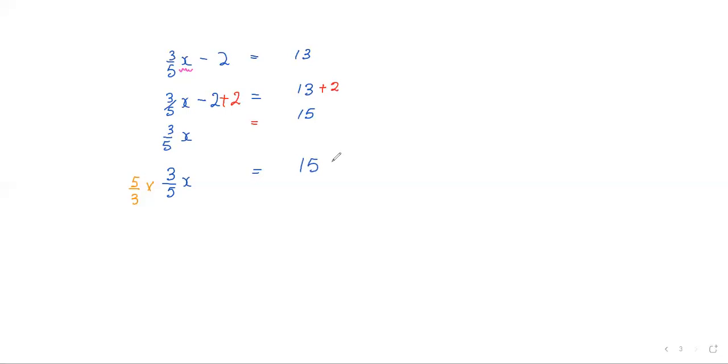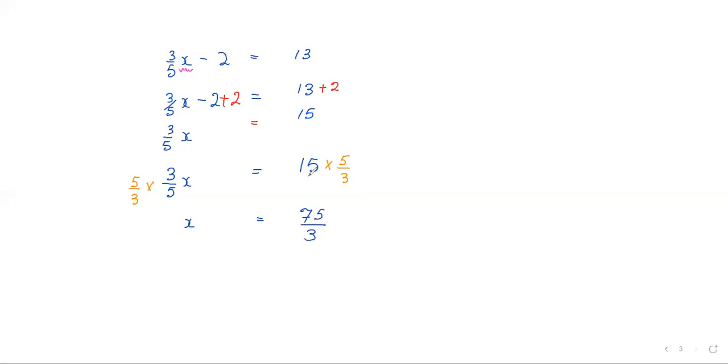Then what we do on the left of an equation, we also do on the right. And then this will give us a number multiplied by its reciprocal. The answer is 1, so we have 1x there. And then you can say 5 times 15, or 15 times 5 is 75, divided by 3, because we have a 1 there.